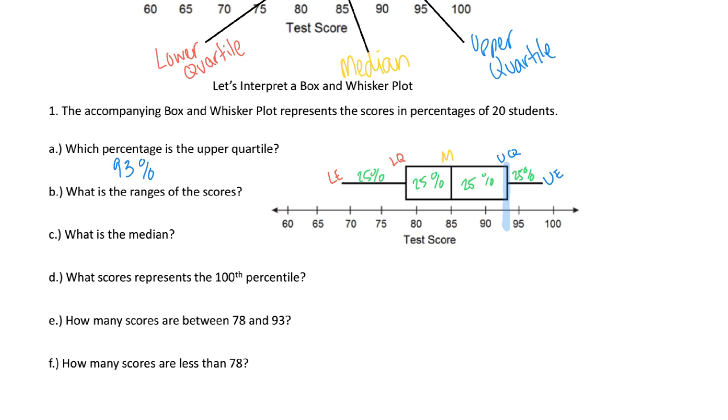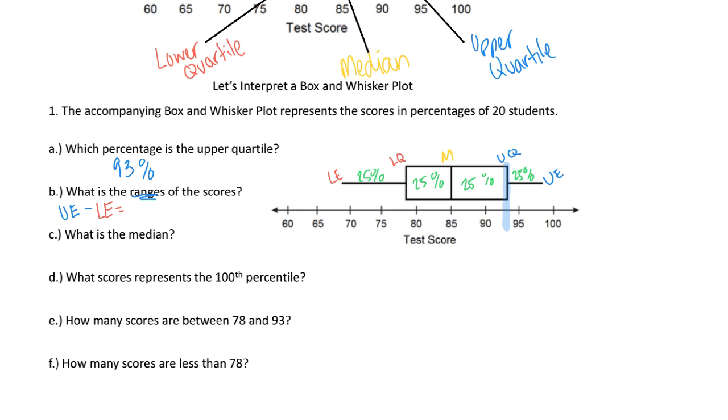This second question asks the range of the scores. What this is asking is your upper extreme minus your lower extreme.